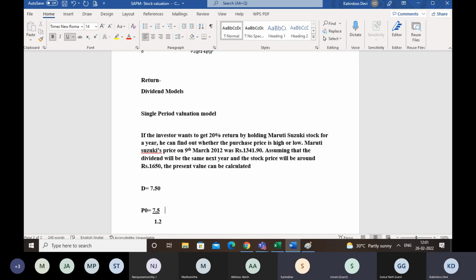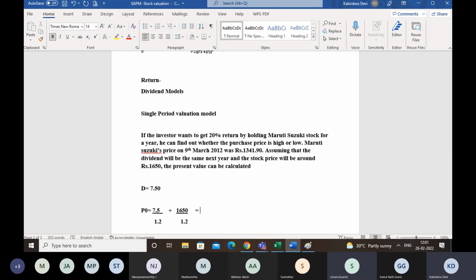Yes, ma'am. So plus, what is the expected price? Expected price is 1650, P1 at the end, next year, divided by 1.2. So what will be the value?